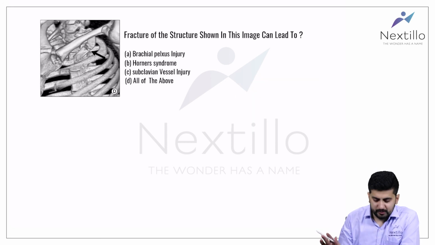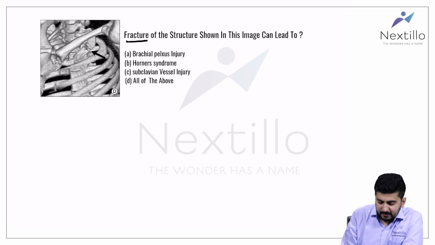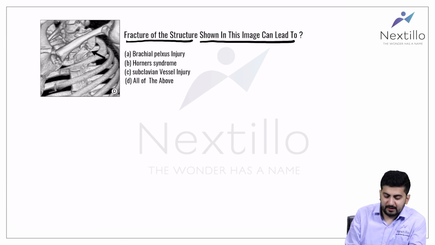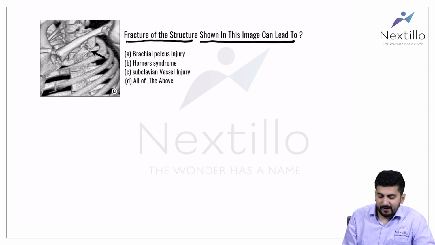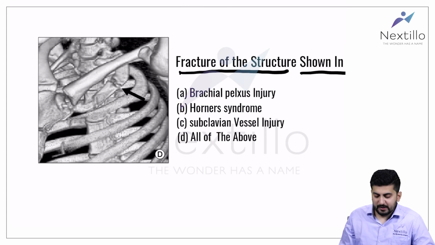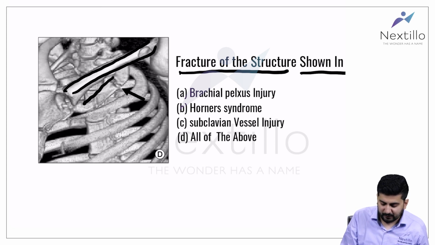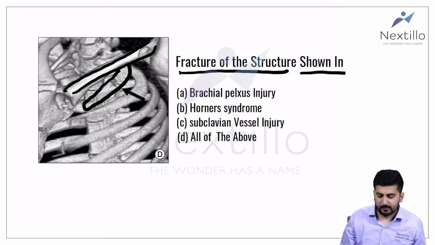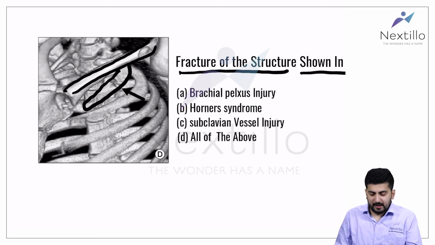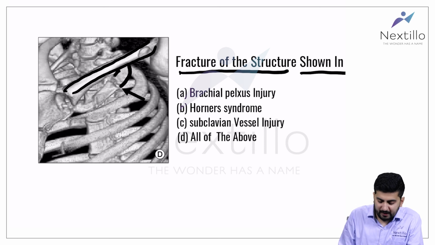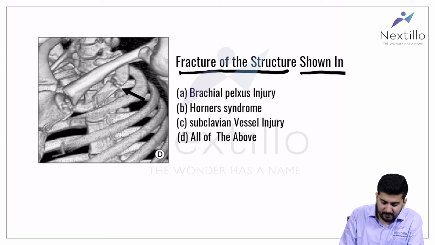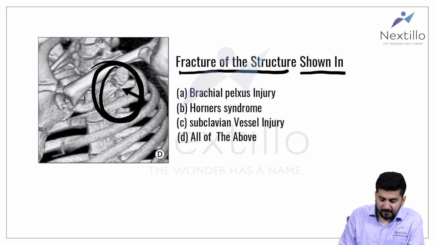Now, this question asks what structure's fracture in this scenario can lead to complications. If you see carefully here, this happens to be the clavicle and this is the first rib. So in this image-based question, what they have depicted is the fracture of the first rib, which you can see here.